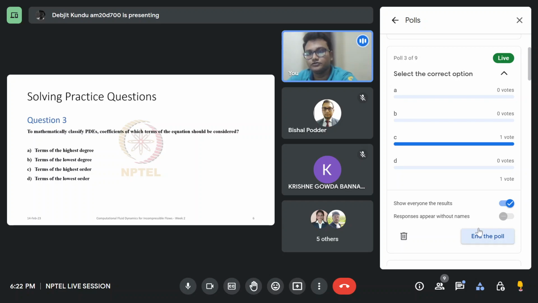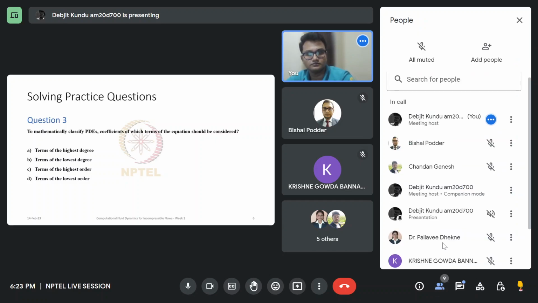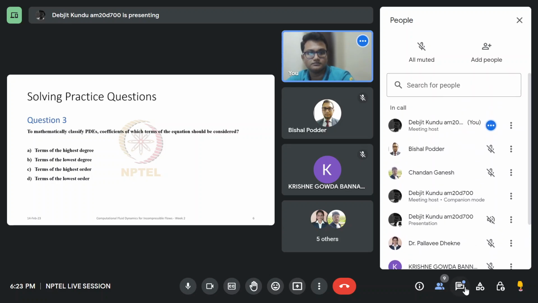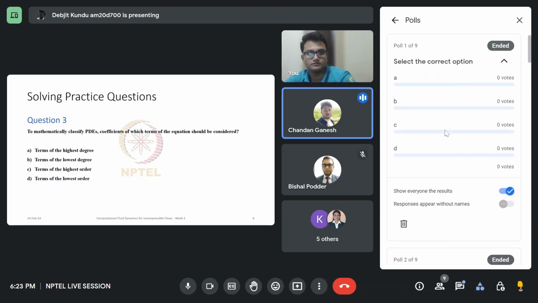So in order to mathematically classify PDEs or partial differential equations, coefficients of which terms of the equation should be considered? Those of the highest degree, the lowest degree, the highest order, or the lowest order? So the one with the highest order.